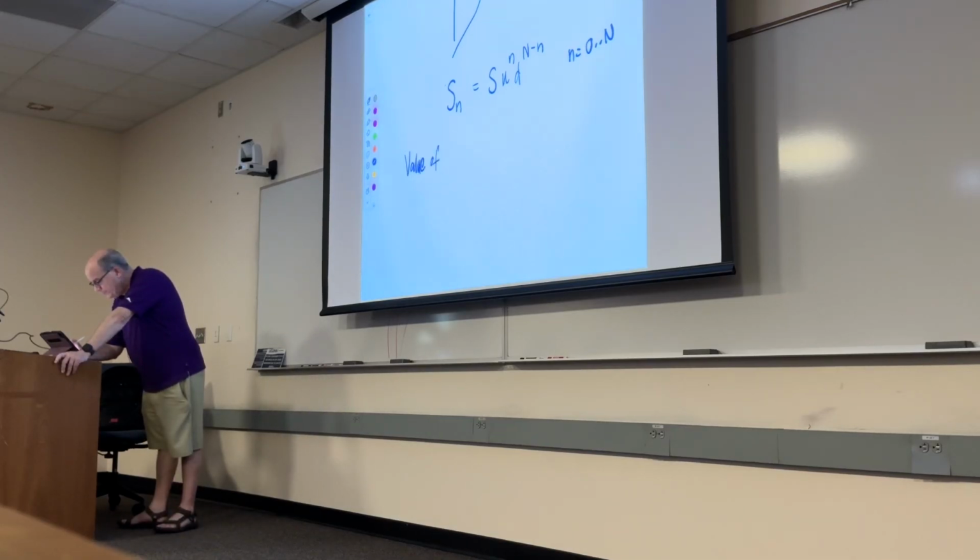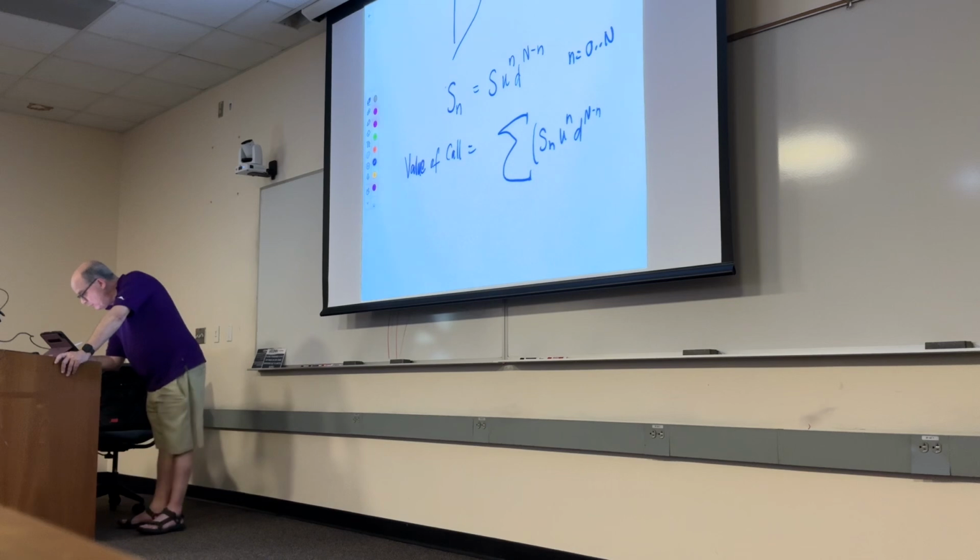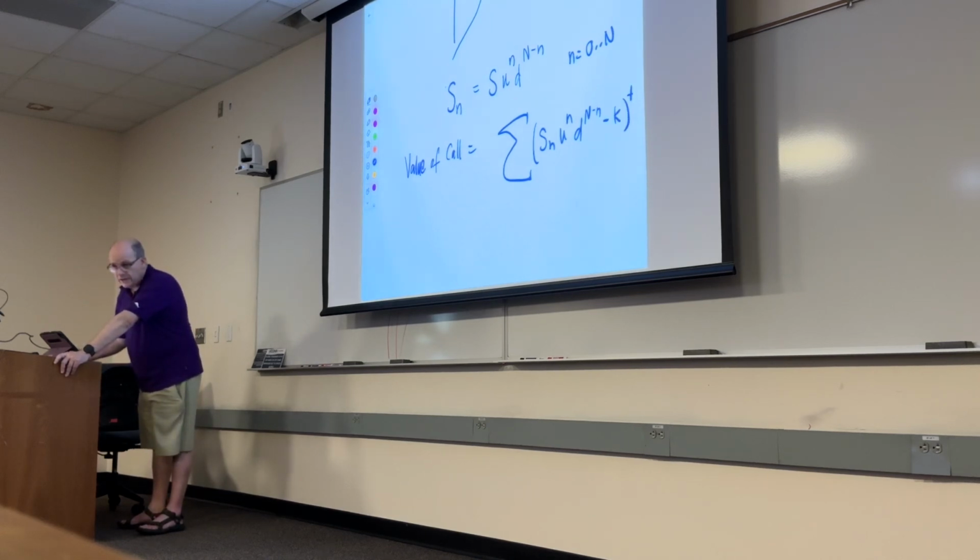of the call is equal to, and then what you do is you build the tree with all those prices, and you take S sub n, and you multiply it by u to the n times d to the N minus n, and you take that number and you subtract the strike, and you take the positive part, because you only exercise when you're in the positive part, and you let little n go from 0 to capital N, right?